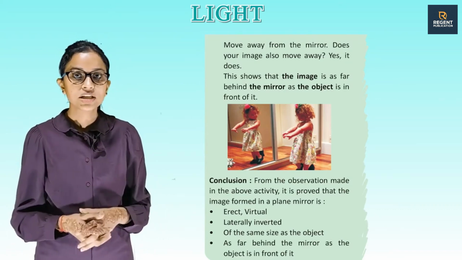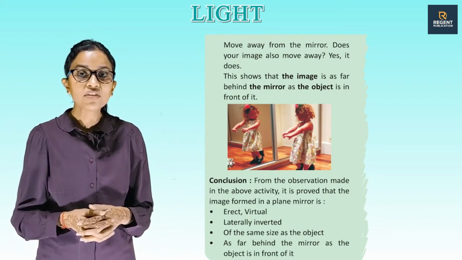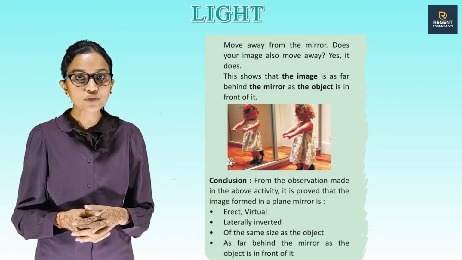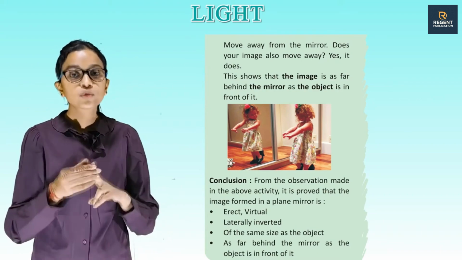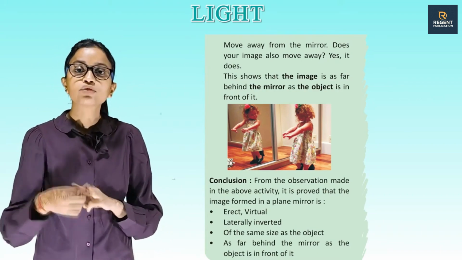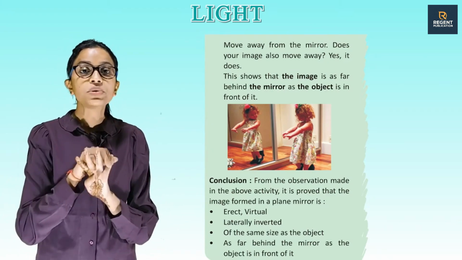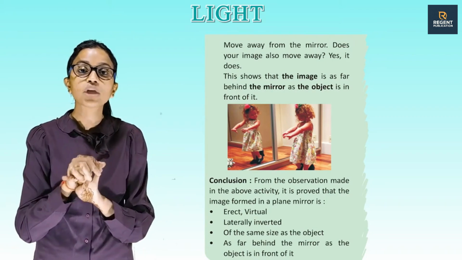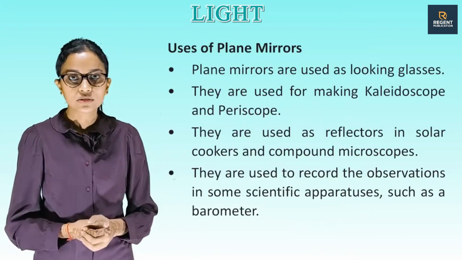Conclusion. From the observation made in the above activity, it is proved that the image formed in a plane mirror is erect, virtual, laterally inverted, of the same size as the object, as far behind the mirror as the object is in front of it. Uses of plane mirrors.